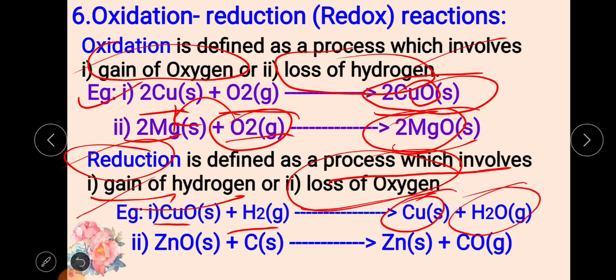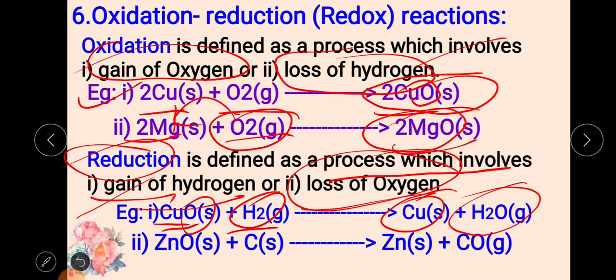In this reaction, CuO is copper oxide. Copper oxide, when it reacts with hydrogen, loses oxygen and becomes only copper. Hydrogen has helped it lose the oxygen, means hydrogen has reduced it, so hydrogen is a reducing agent.